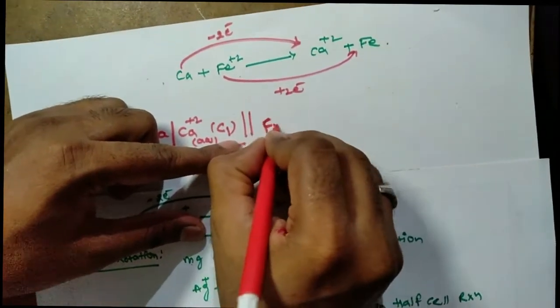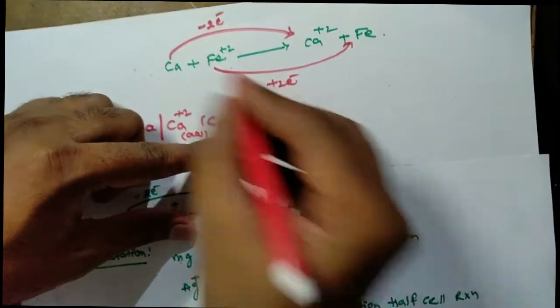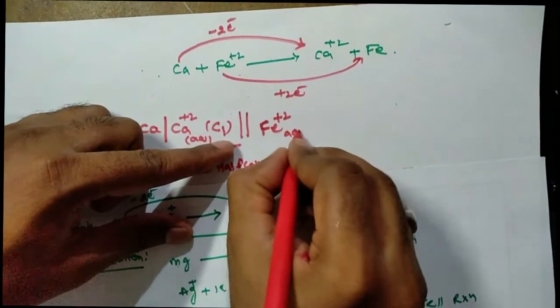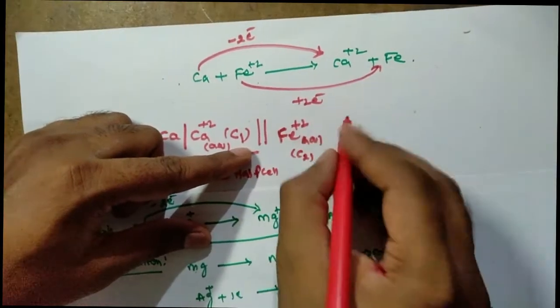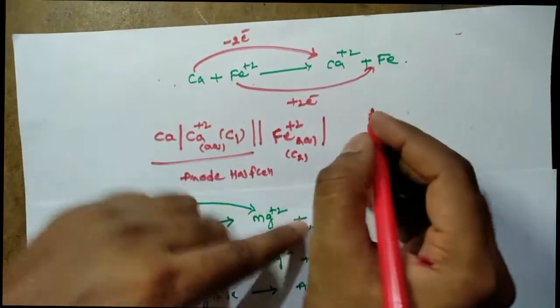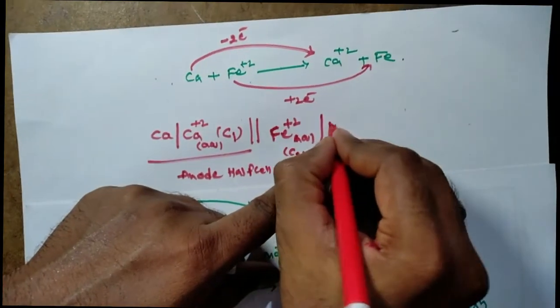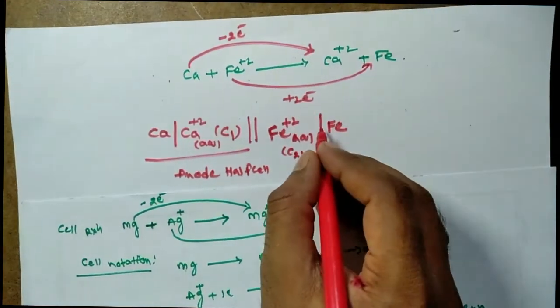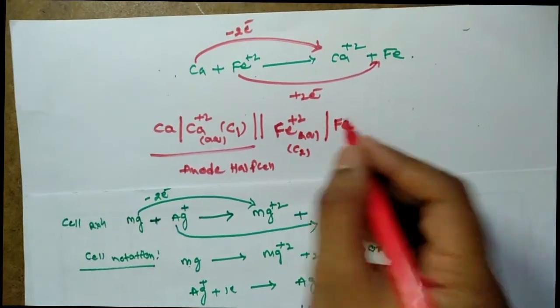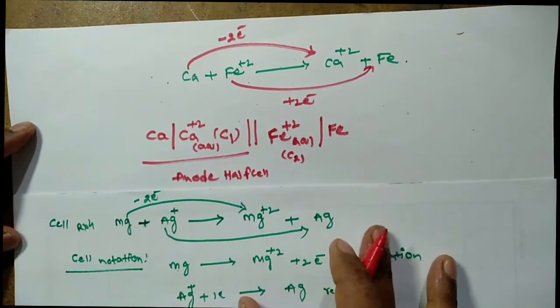Fe2+ gains electrons, these are aqueous ions with concentration C2, then after that the electrode of iron. So Fe2+ takes electrons and is converted to iron. I think you understand.